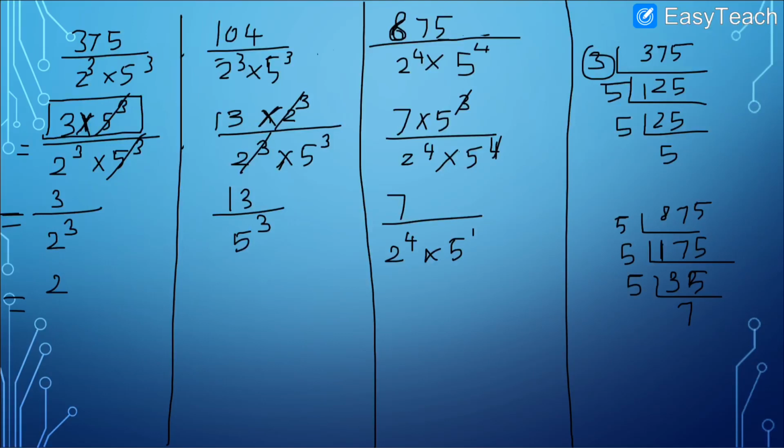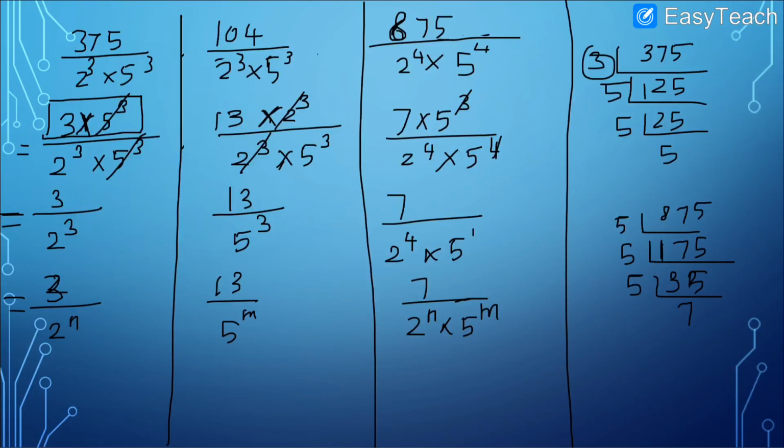Look at this. Not all the rational numbers have both values. Here we have 2 raised to power n only. Here the format is 5 raised to power m. And here we have both values, 2 raised to power n into 5 raised to power m.